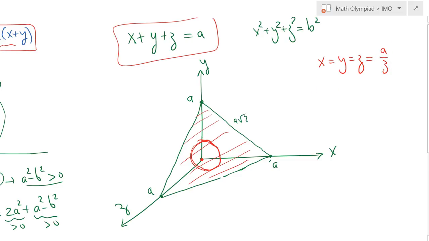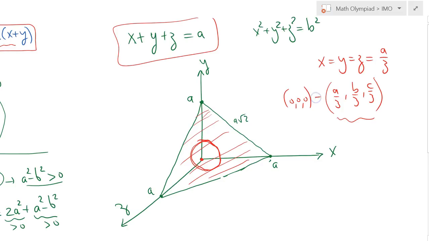So the coordinates are a over 3, a over 3, a over 3, which is the projection of the origin onto this plane, right? So it would be this point, and it's very easy to calculate the distance of this point to the origin, 0, 0, 0.